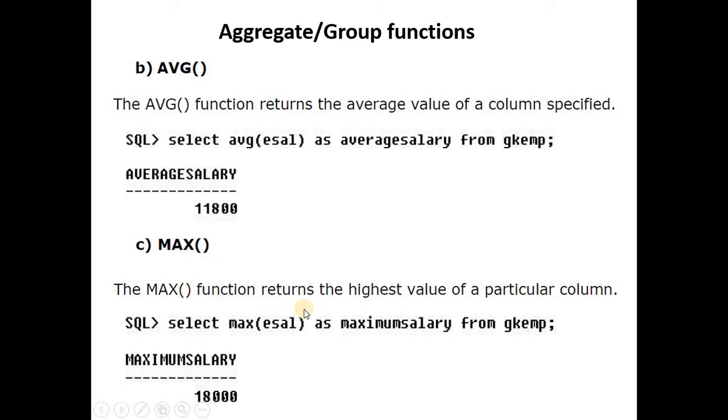Now let's see max. The max function returns the highest value of a particular column. Let's assume you want to get the maximum salary of a particular employee from the table. So to get the max salary that is present in the salary column of the table, what we could do is select max of employee salary as maximum salary from GKEMP.